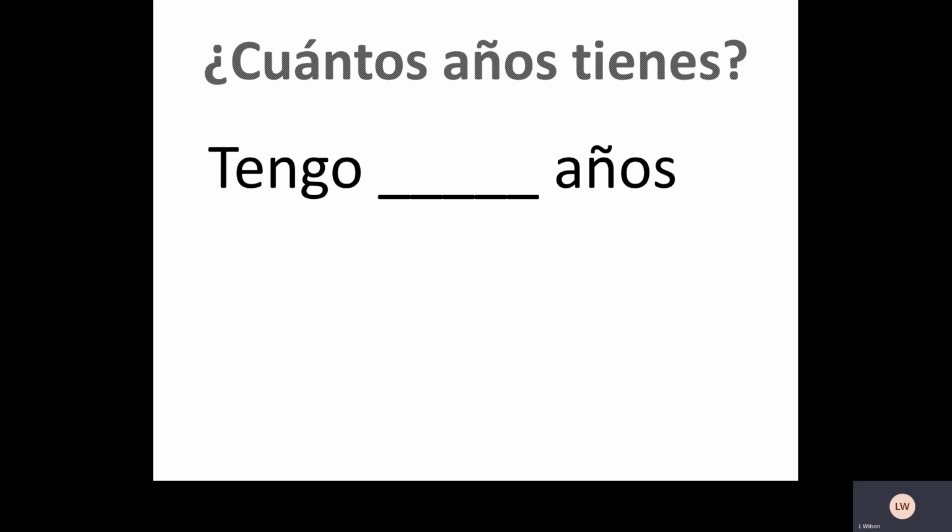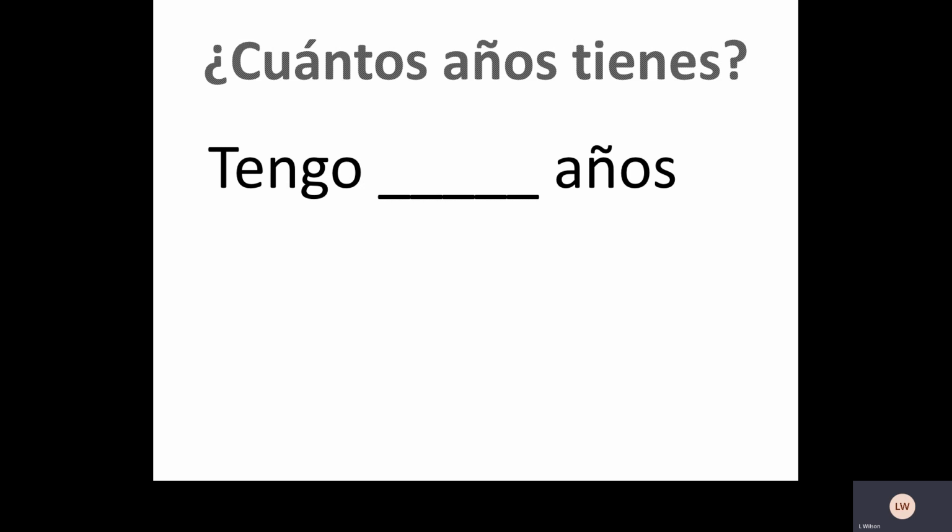Okay, good. And how we will answer that, we'll put our age in the middle. So I expect most of you are 11 or 12. So we're going to say, if we were 11, we would say tengo 11 años. And if we were 12, we might say tengo 12 años.